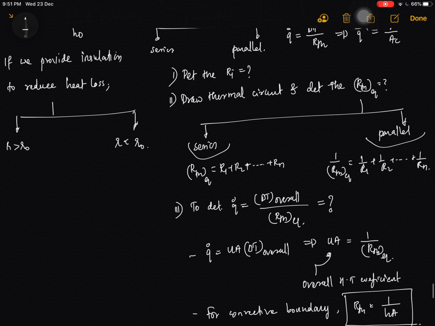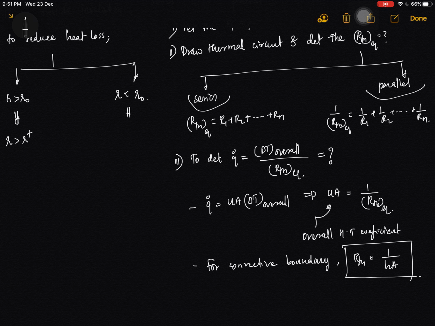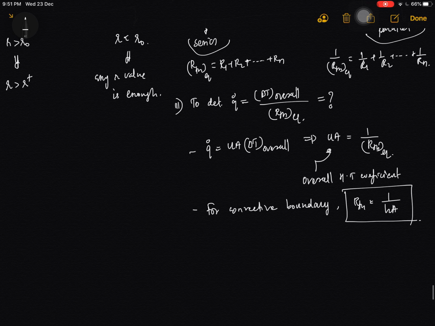In this particular case, keep the radius of insulation greater than the R plus value. Here any R value is enough, or it will do the job very well.